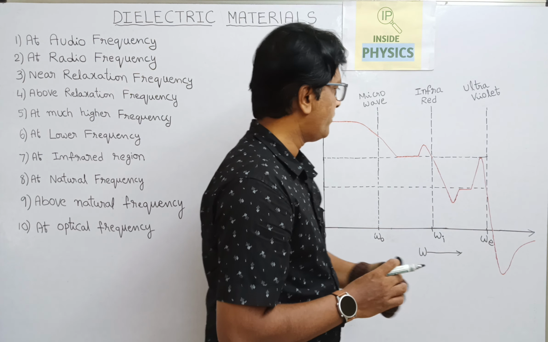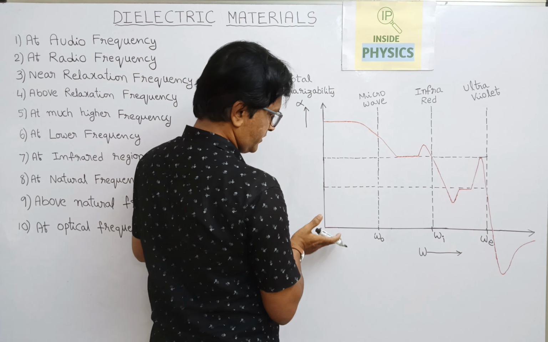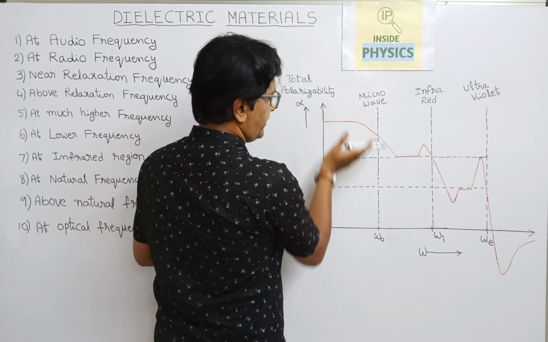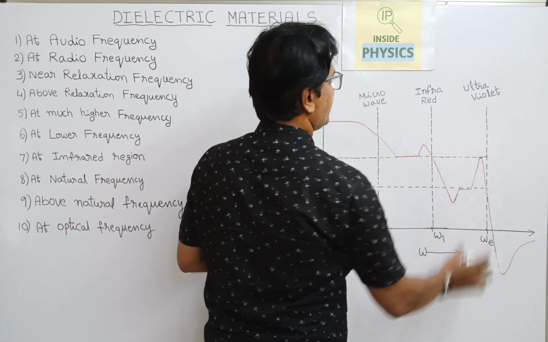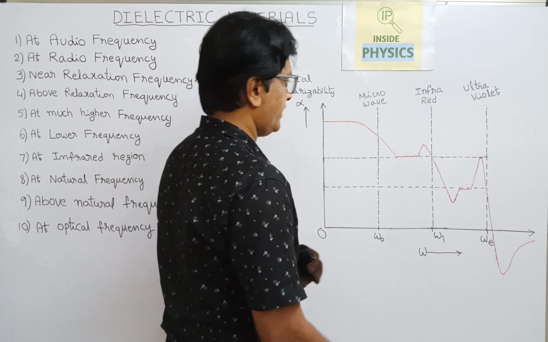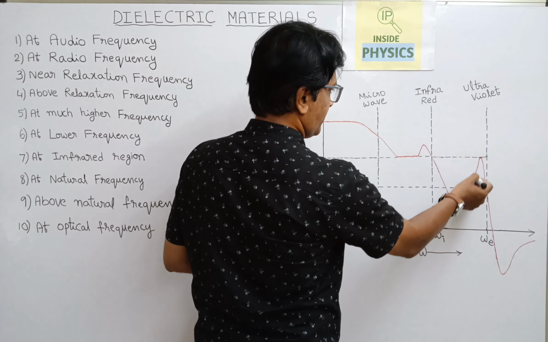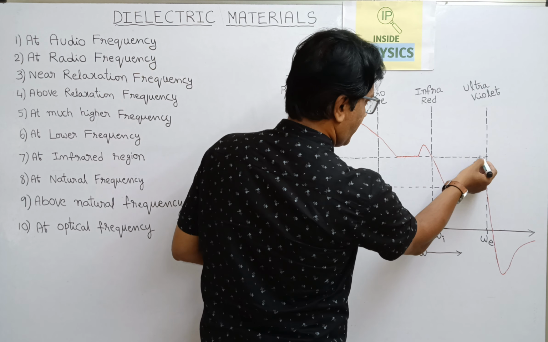And at the ultraviolet region, this is a graph which pictures the polarizability variation with the frequency. We have taken different frequency zones: microwave, infrared and ultraviolet. You can see the dips and the columns which are moving up.